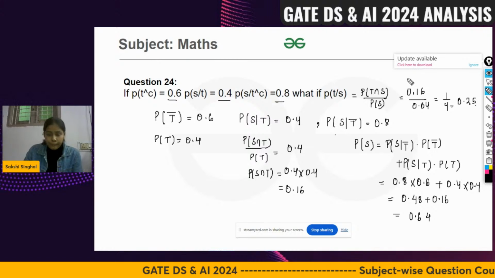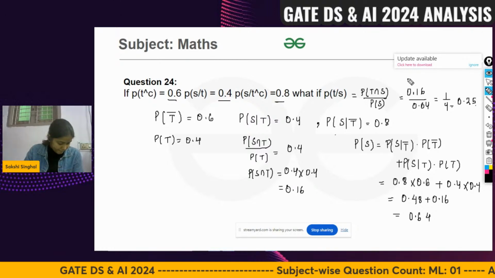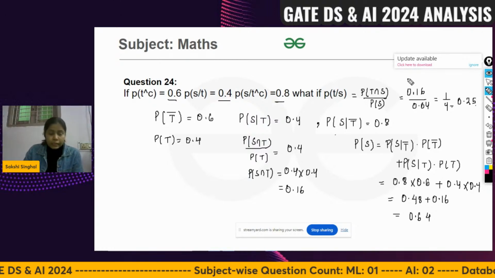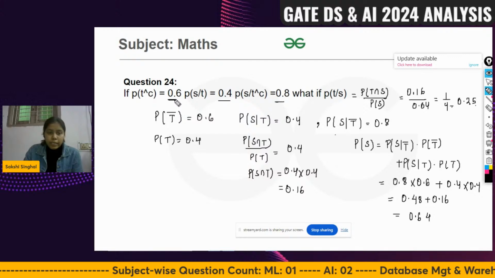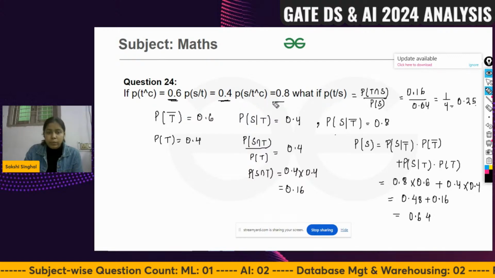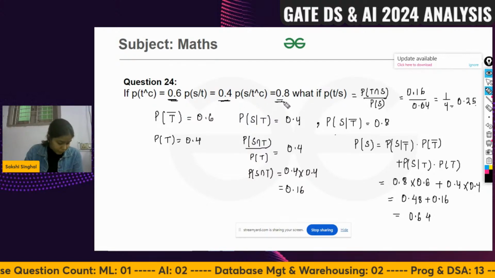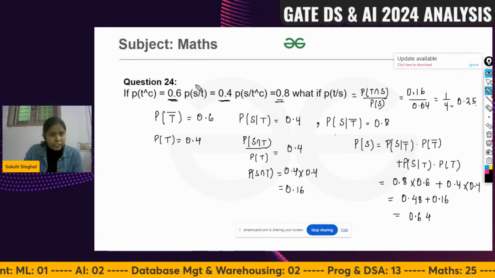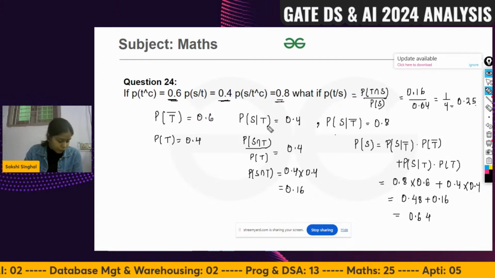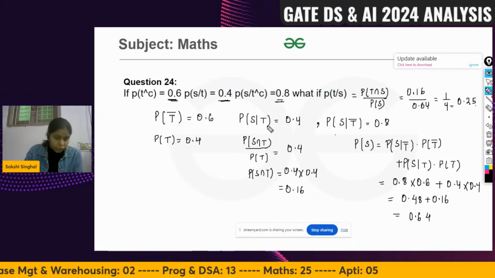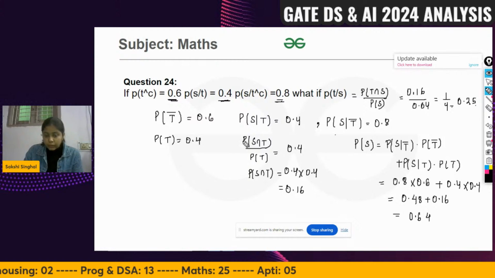Okay. Just let me know, guys, whether these probabilities are 0.6, 0.4, or 0.8. I think any of these numbers would differ, and then you would get the right answer, because many of the students get 0.3. So there might be a possibility.